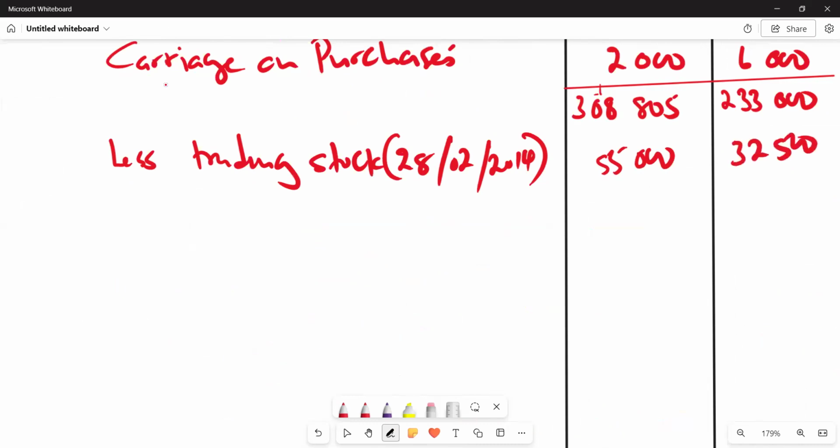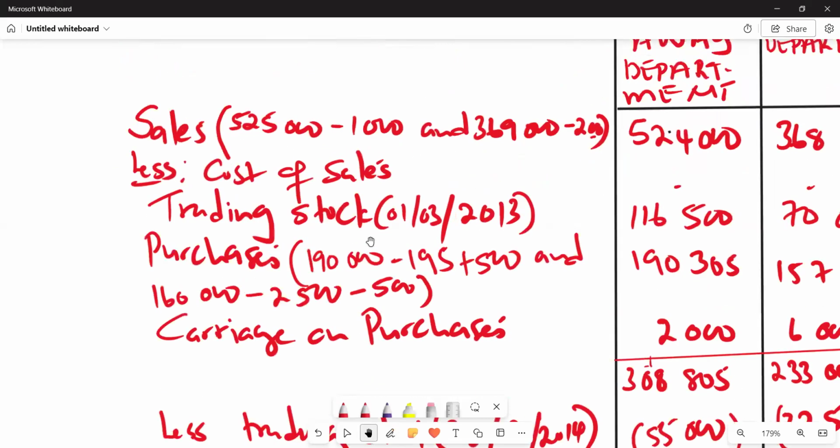And we are saying less here. So we are subtracting, so we can put them in brackets. So generally in the takeaway, we are saying 308,805 minus 55,000. Then here, in the restaurant, 233,000 minus 32,500. Then the net figures that you get there, you're supposed to put them there as a representation of your cost of sales.